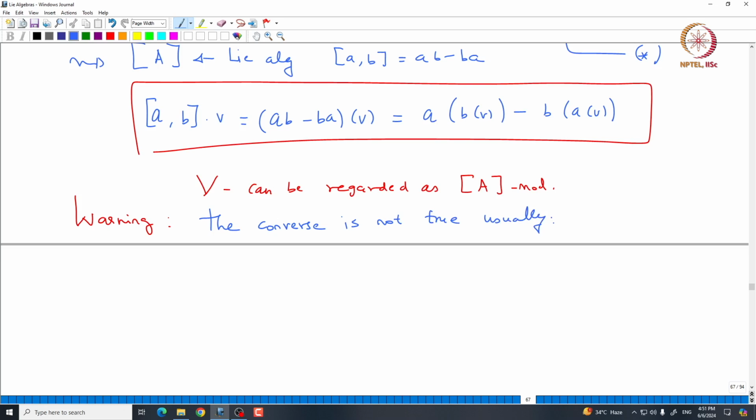For example, we can have many GL_n modules, so we can have examples in the GL_n case itself. Many GL_n modules will not be modules for the matrix algebra M_n of C. So, that is a very important remark.